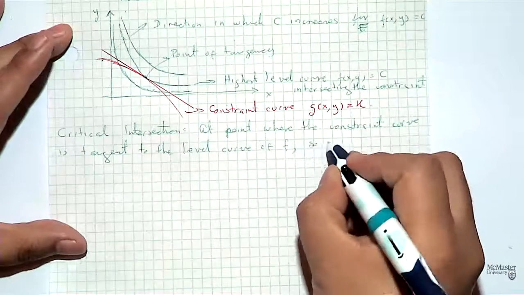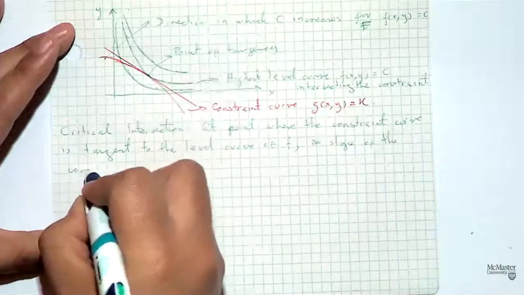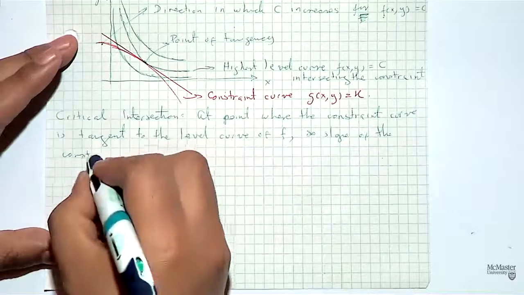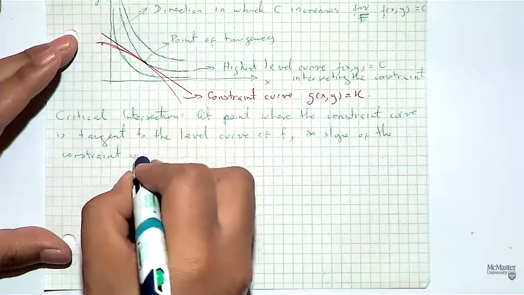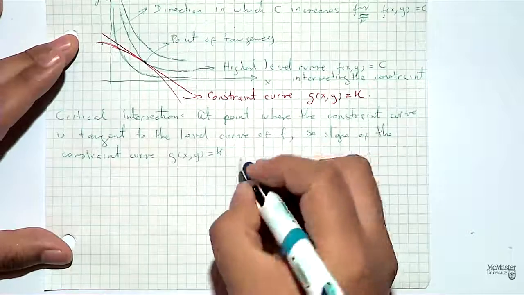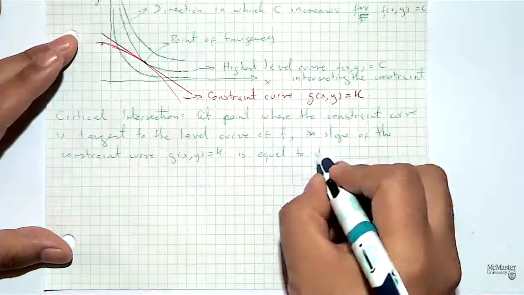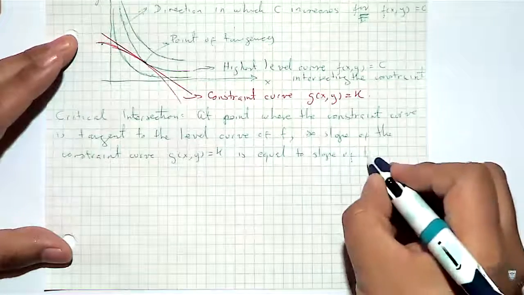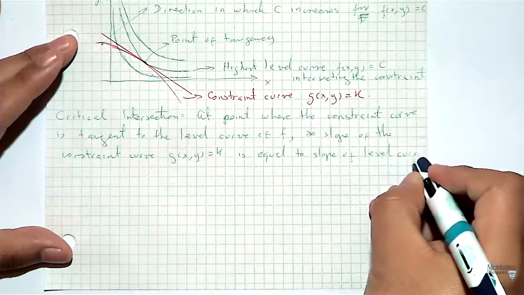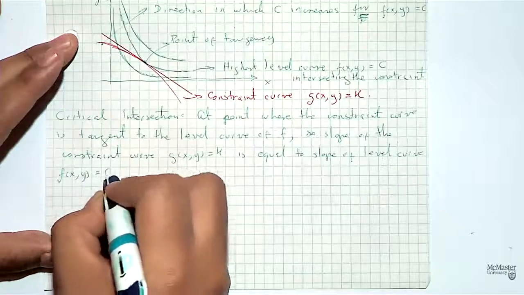So the slope of the constraint curve, which is g equal to k, is equal to the slope of the level curve f of xy equal to C.